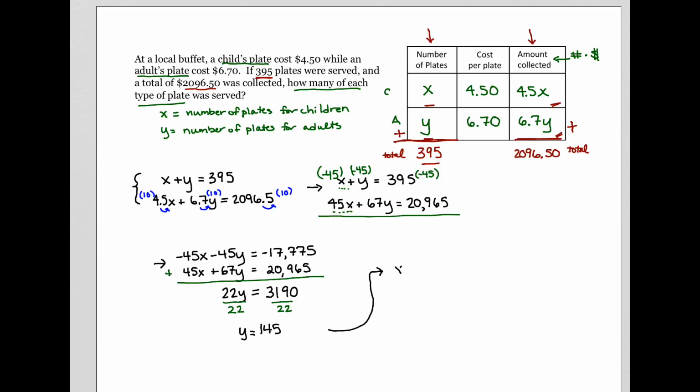The top equation seems the simplest to me, so I'll retake x plus y equals 395. And since I'm told that y is 145, I can solve for x. x plus 145 equals 395. Do a quick little subtraction. We subtract 145 from both sides. And that gives us that x equals 250.